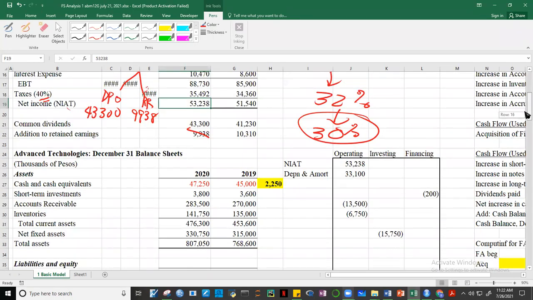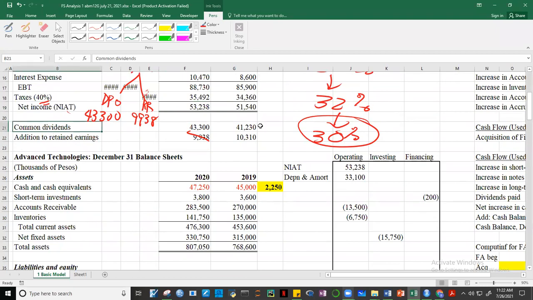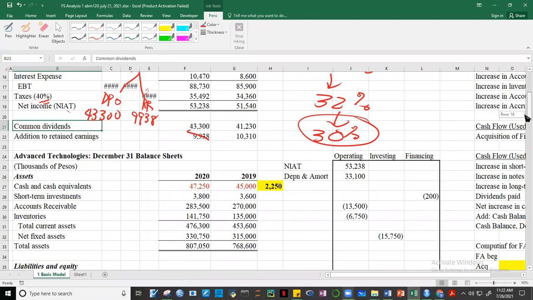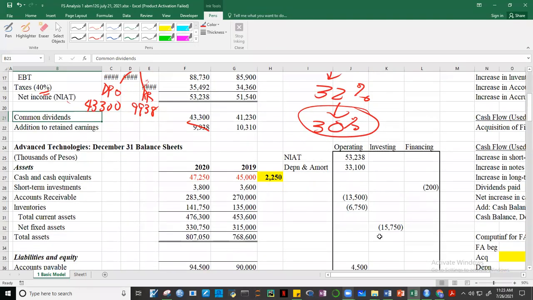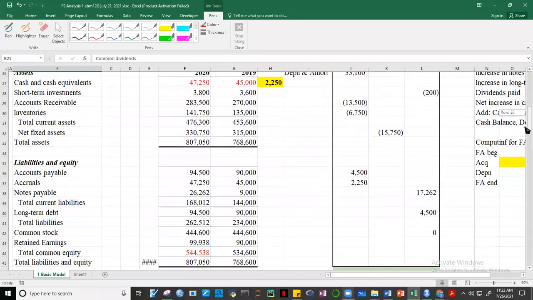Pero may sinabi ka sa common dividends, di ba? I-analyze natin. Pag common dividends ba, naglalabas ng pera? Opo. So is it a cash flow item? Yes. So papasok ba dito yan dapat sa statement of cash flows natin? Yes. Andi dito na ba yon? Hindi pa po. Wala pa.